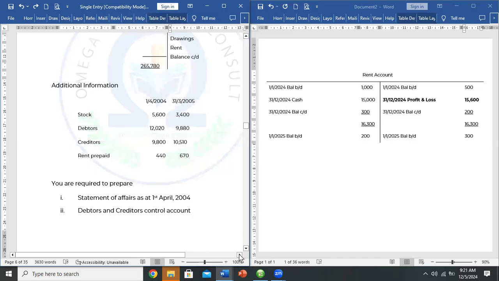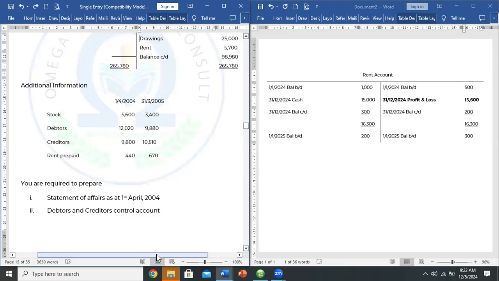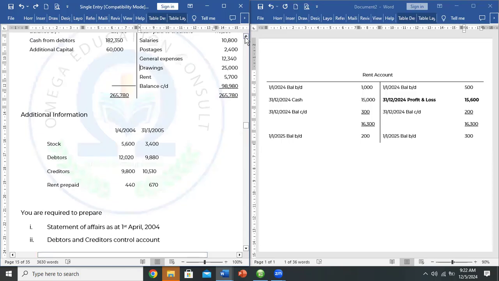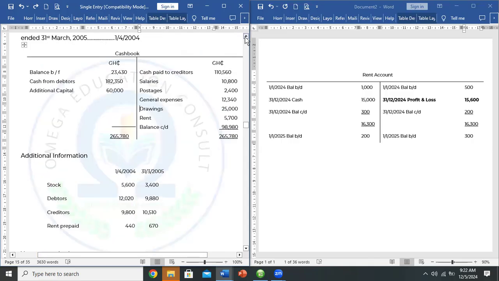In essence, it becomes important for you to prepare the expense account if the information available is plenty. Like the scenario we saw, there was prepayment, there was arrears, and they have paid some during the year. So you need to assemble them in one account to get your true expense.